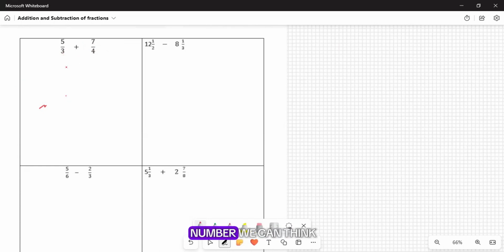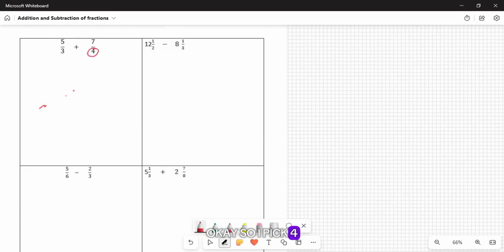The very first number we can think of is 12, because when we think about 6, 4 cannot go into 6, but 3 can go into it. If you think about 9, 4 cannot go. The number that 4 and 3 can go through is 12.